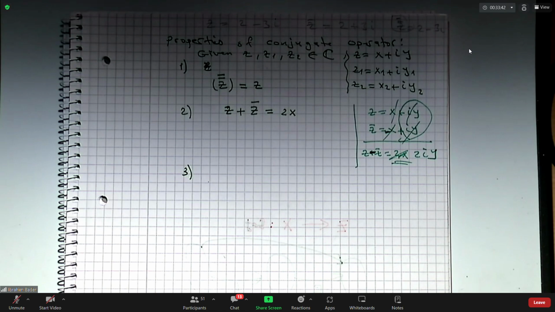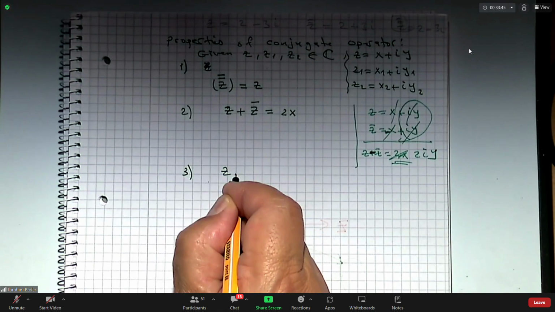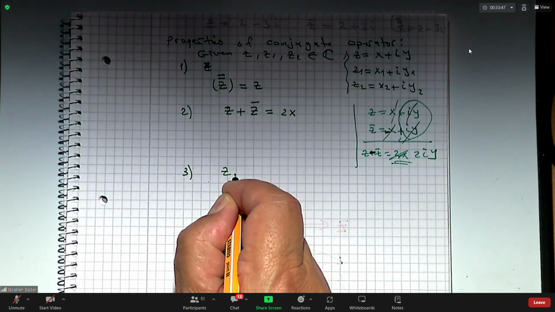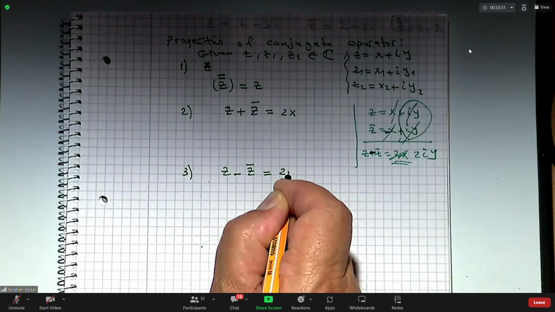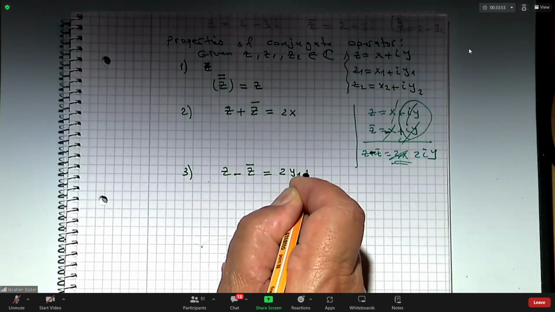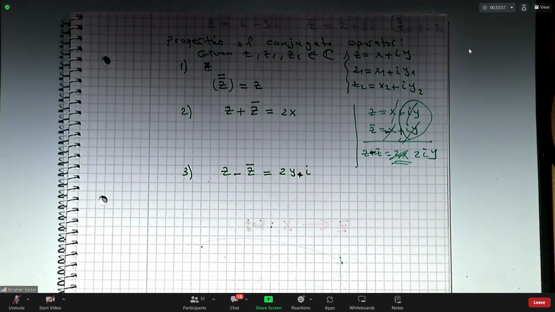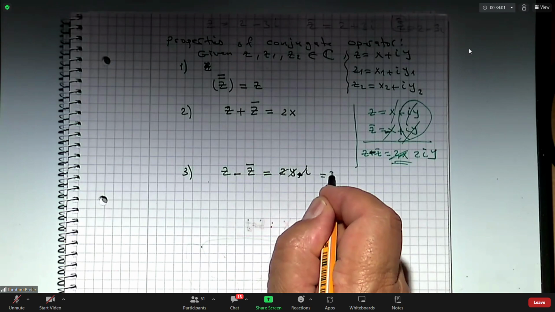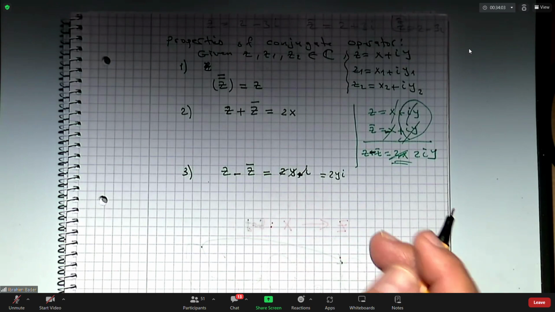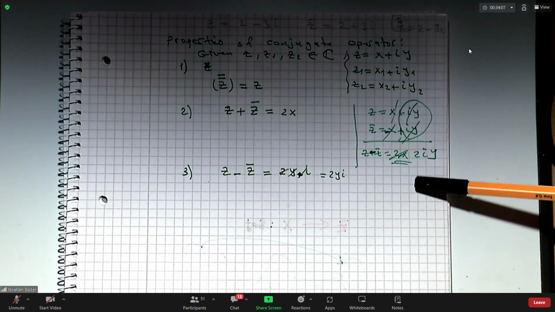You see it? So if I'm subtracting z minus z conjugate, I will end up having 2y times i, 2yi. I hope it's clear.